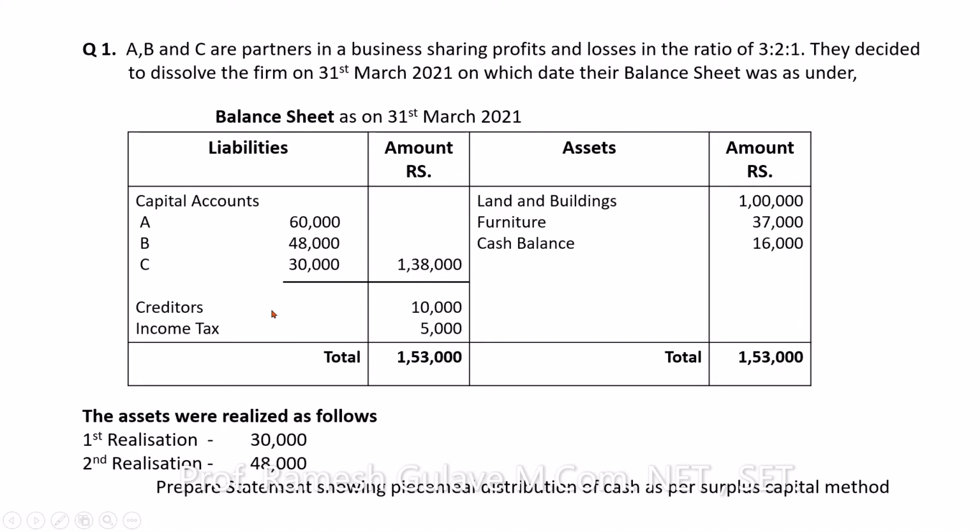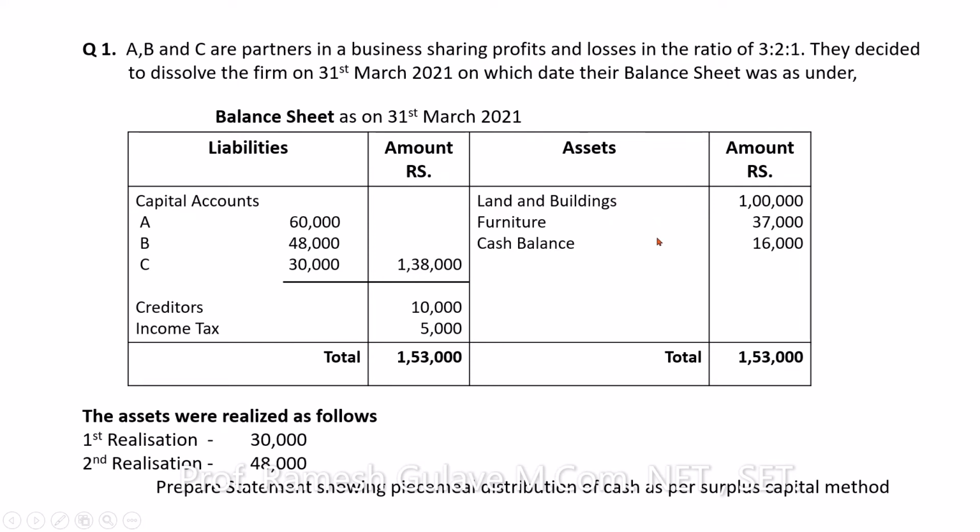Okay, students, this is a simple example. This is our first example related to this topic, so I have taken a simple example to understand the concept of piecemeal distribution of cash. On the asset side, we have three assets: land and building, furniture, and cash balance.